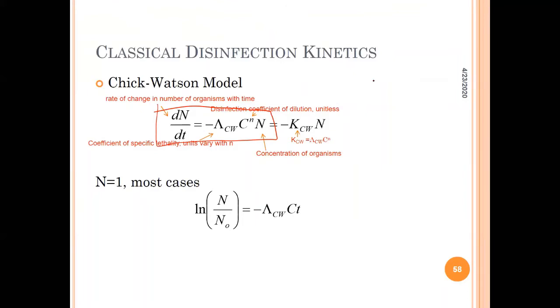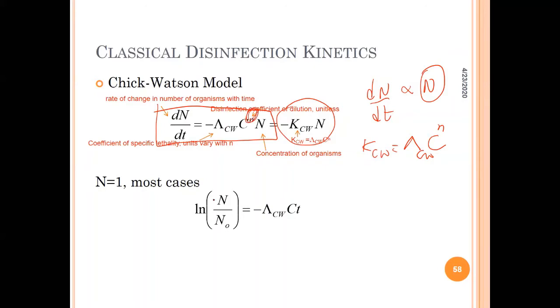So the rate of change of the number of microorganisms is proportional to the number of microorganisms present, and this K_CW is the coefficient of specific lethality. If the concentration is constant, then this term will be constant. If it is changing, the K_CW will change.